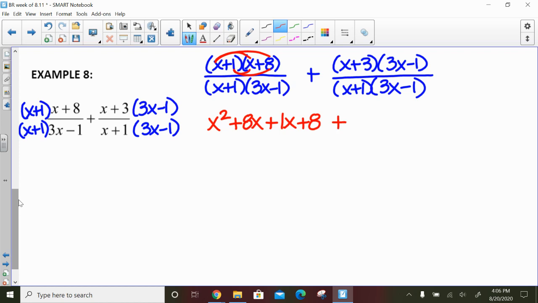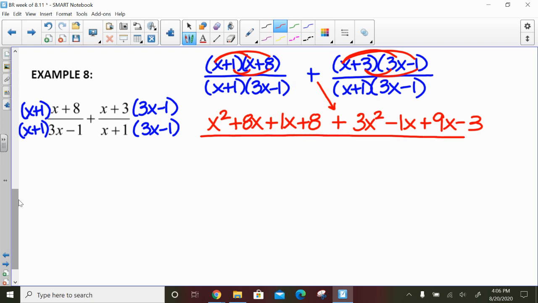I'm going to put a plus sign because of that one, and I'm going to distribute the other side. x times 3x is 3x squared. x times negative 1 is negative 1x. 3 times 3x is 9x. 3 times negative 1 is negative 3. And all of that now can just be written over x plus 1, 3x minus 1.